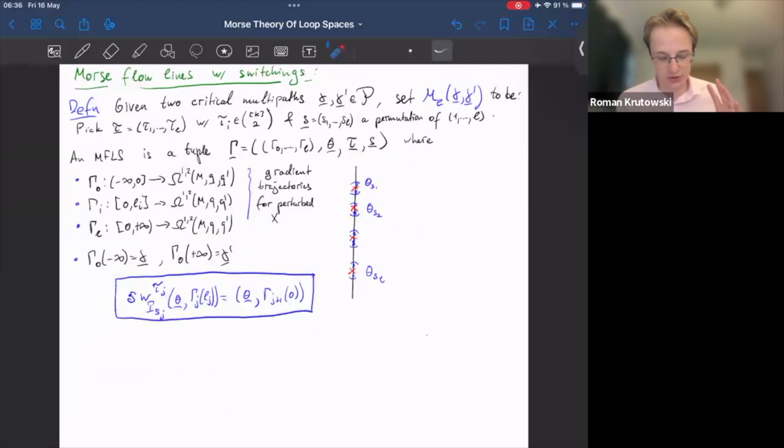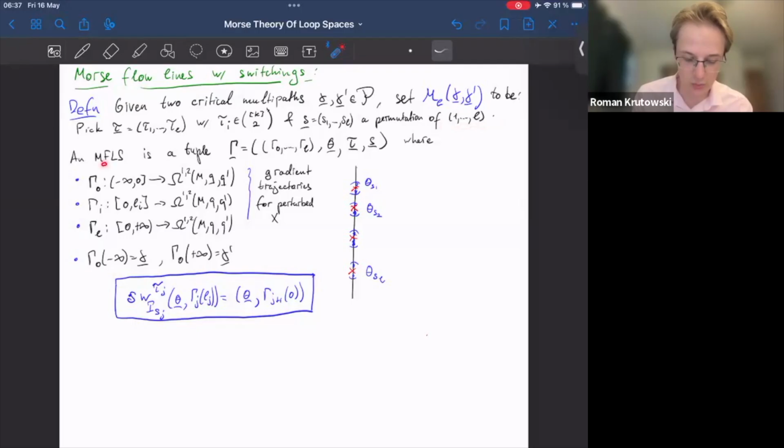So here's the space we want to count in our perturbed, deformed Morse theory. We start with two tuples of critical paths, and we additionally need to pick a tuple of L different pairs of distinct elements in our set kappa, and we also fix a permutation of L elements.